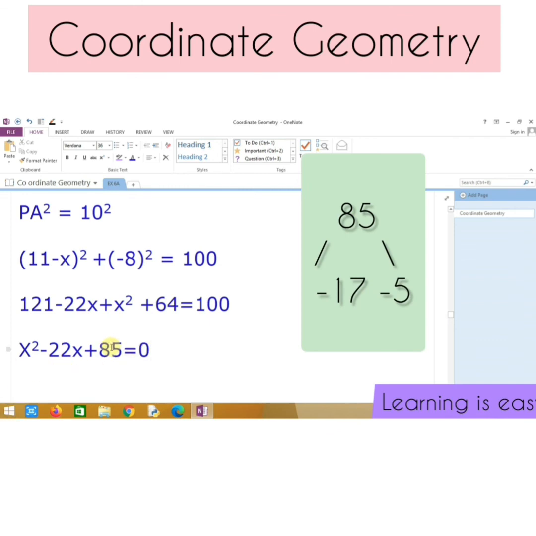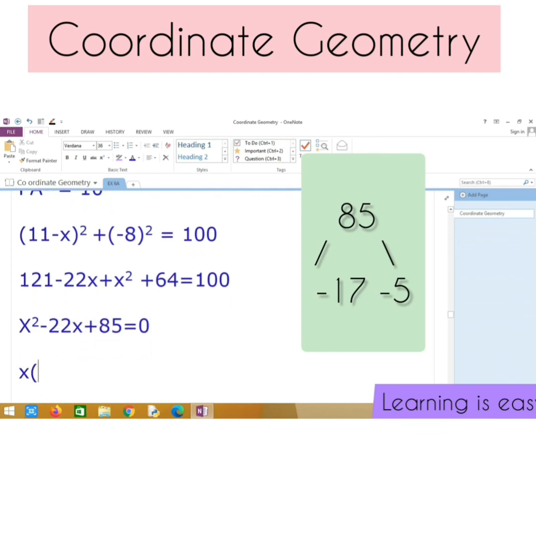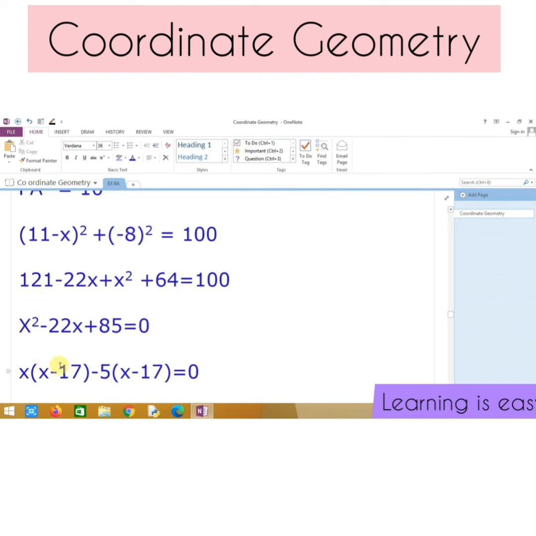85 can be written as minus 17 into minus 5, that is 85, and minus 17 plus minus 5 is minus 22, product and the sum. So x into x minus 17 minus 5 into x minus 17 equal to 0.